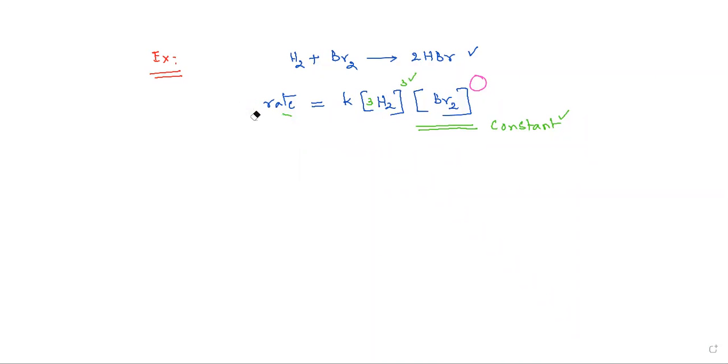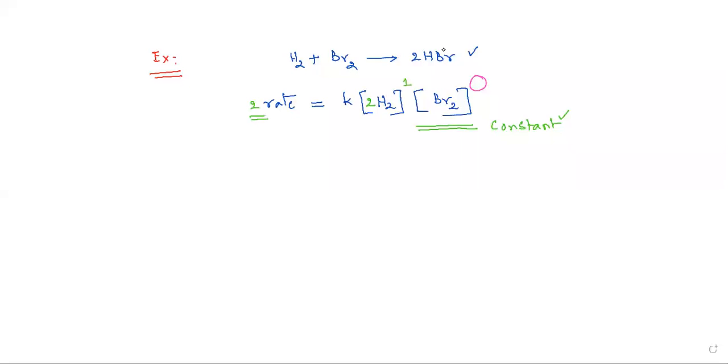But the actual thing that has happened with this particular reaction is, when the concentration of hydrogen is doubled, the rate just became double. So that is how we got the power as 1. This is our experiment number 1.